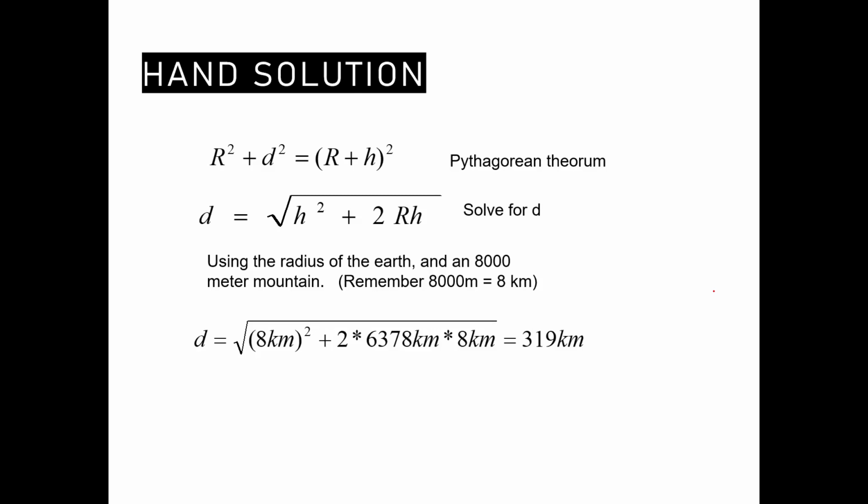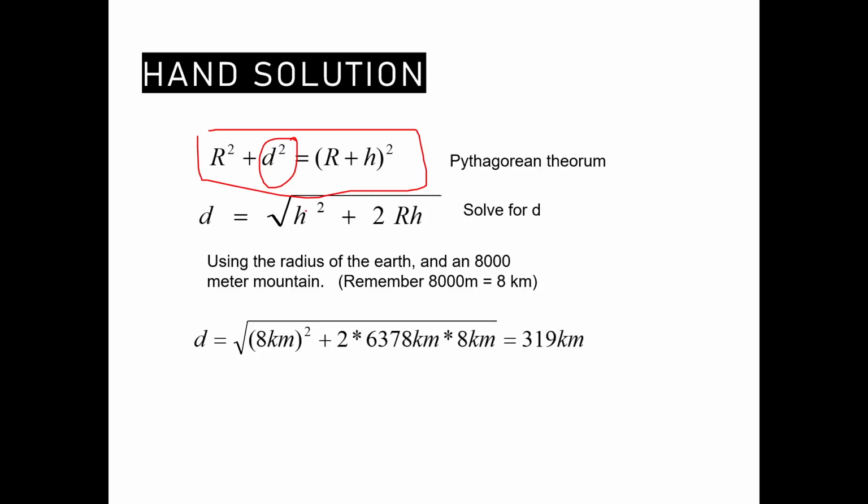First, you have to try to solve it using hand solution or manually. Solve it manually. So we know this is the relation that we can get by using the Pythagorean theorem. And then to calculate D, okay, is equal to the square root of h square plus 2 multiplied with r multiplied with h.